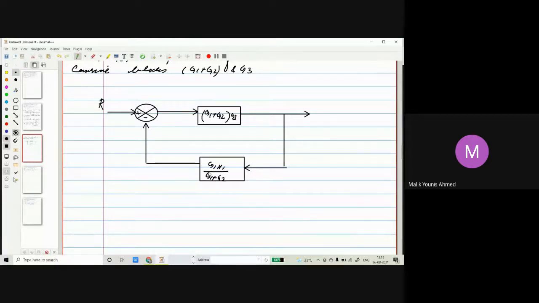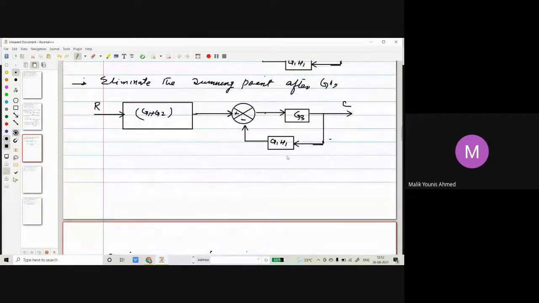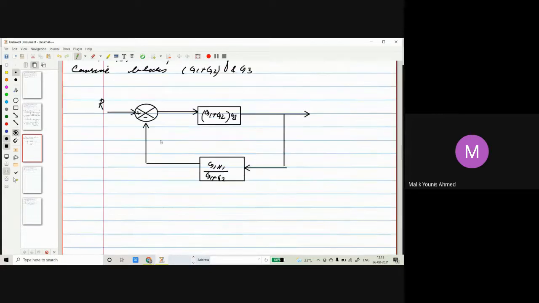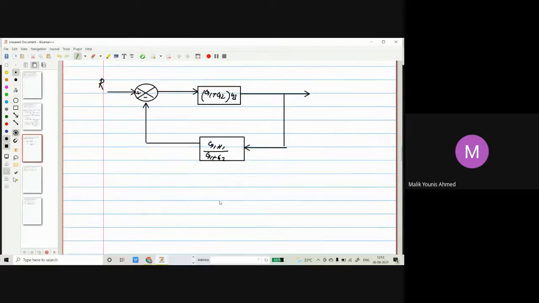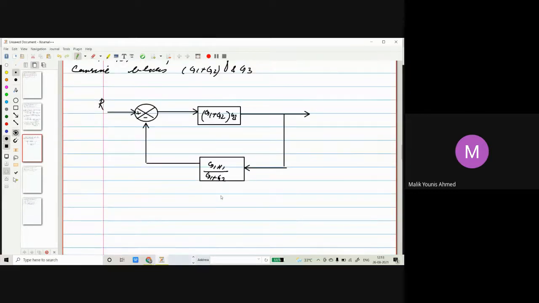Why this? Because the feedback gain is this one. We are shifting the summing point here. If it is shifted before the block, then whatever the gain is in the feedback, we have to divide by the transfer function G1 plus G2. So that is what we have done. This is up to here. See, this is the output.